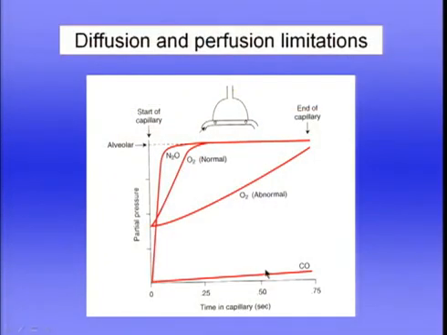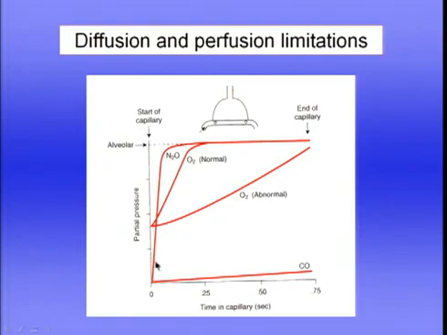If you divide the volume by the flow rate, 75 by 100, you get the time spent in the capillary as 0.75 of a second. So that's where that number comes from. So it's quite clear that things must change very rapidly during loading of gases in the pulmonary capillary.